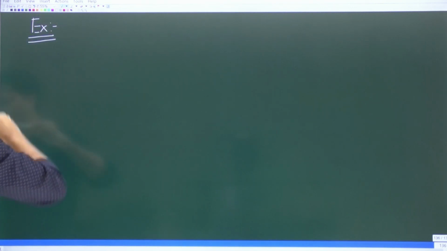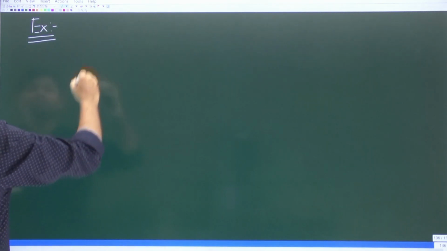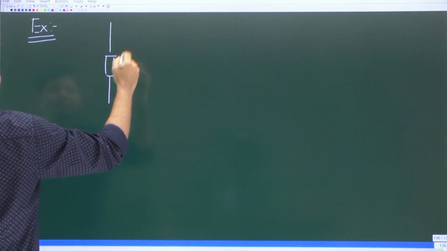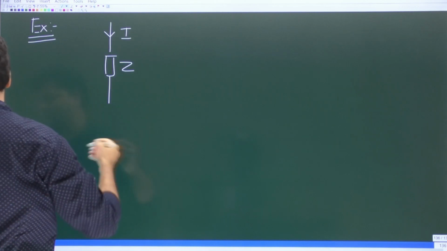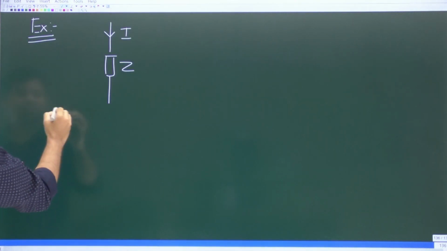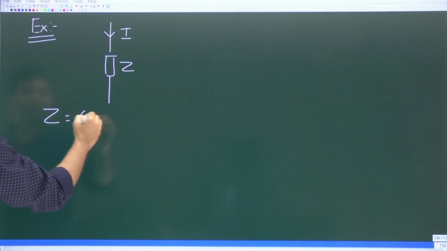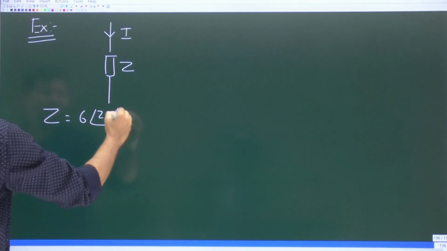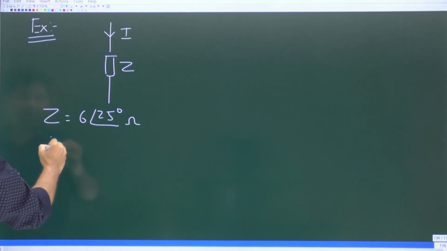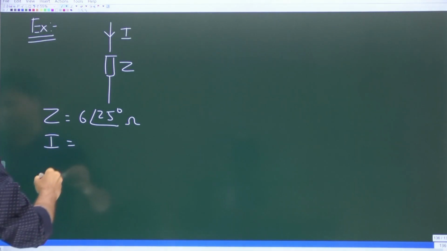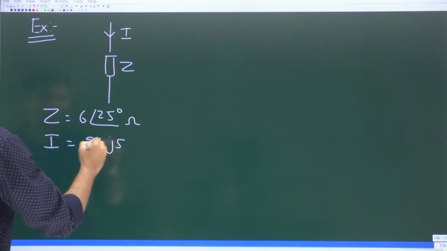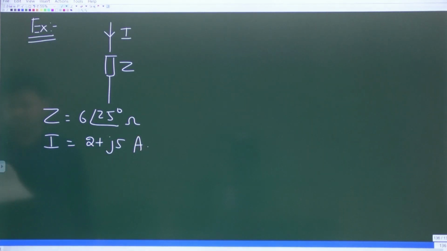Let's take up one more simple example. Again we have an impedance through which the current I flows. The impedance value is 6 at an angle 25 degrees ohms, and the phasor current flowing through the impedance is 2 plus J5 amperes.